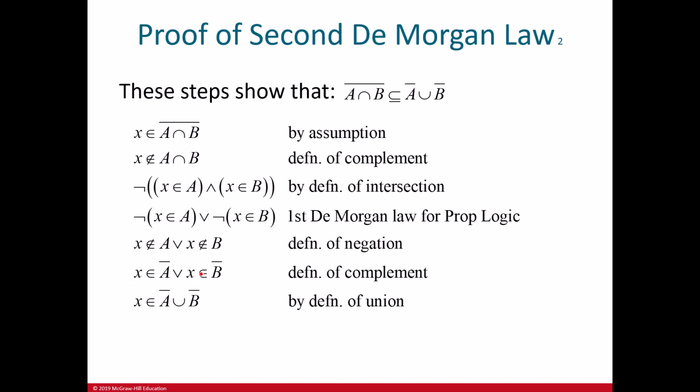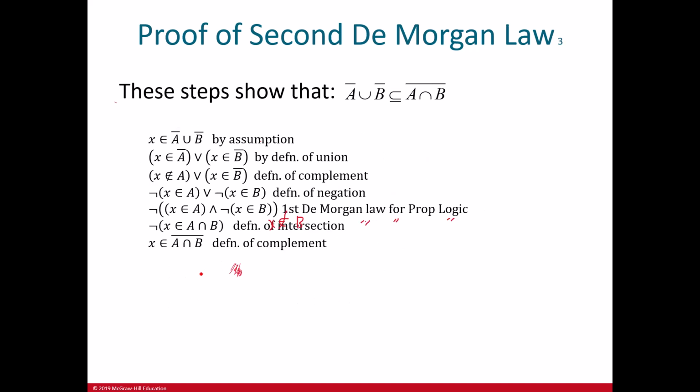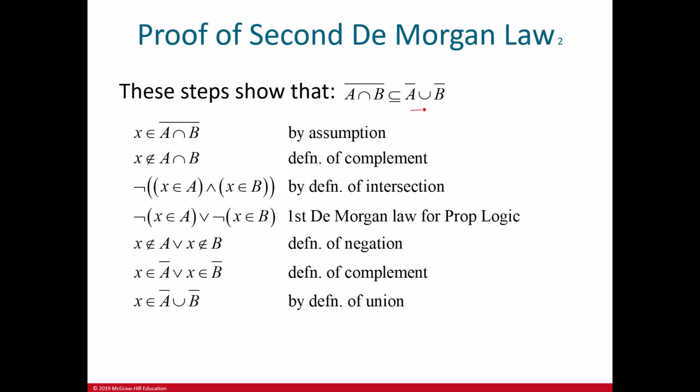This is just the definition of the union. So x is in the complement of A, or x is in the complement of B, and this is just the right-hand side. Okay, so this is one way.